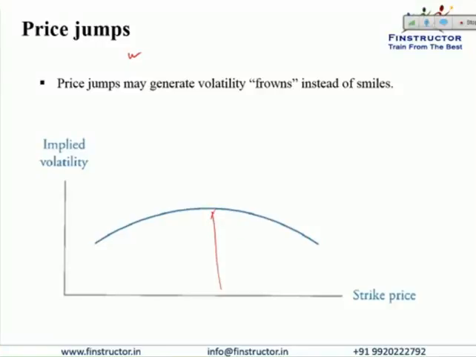For whatever reason, could be some technical reason, some expectation, some news flow in the stock, etc. Which is why we are seeing that at-the-money options have suddenly increased in price, whereas the out-of-the-money and in-the-money options haven't yet changed so much. So we may at times even see an implied volatility frown instead of a smile, because of price jumps.